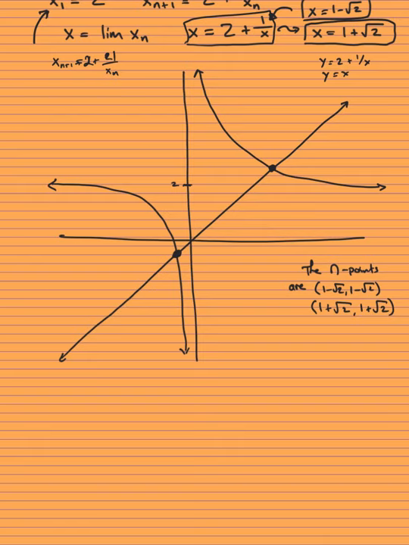Okay, so I'll draw what this picture is. We start at the point x_1 is 2. So I should be starting somewhere around here, since 1 plus square root of 2 is bigger than 2. Okay? So now let me go up to my graph.